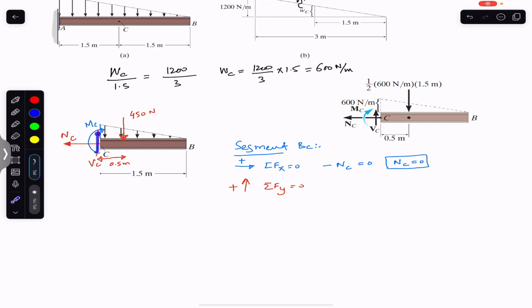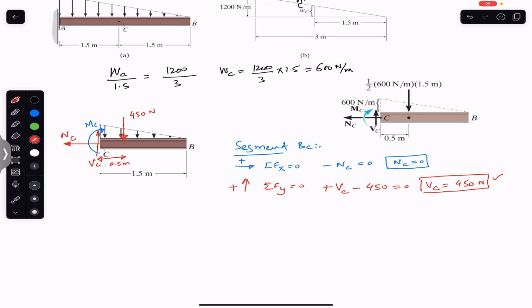So we have plus VC minus 450 equals 0, and VC is equal to 450 Newtons. So the shear force at point C is 450 Newtons, acting in the upward direction since we got positive 450 Newtons. The positive sign tells us that the assumed direction is the actual direction.